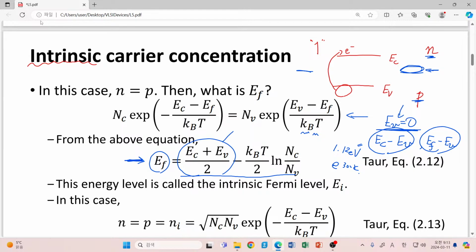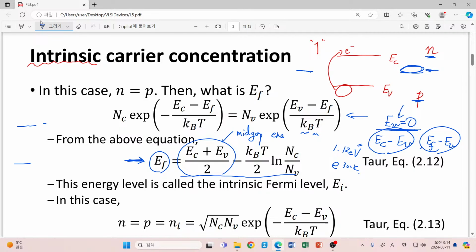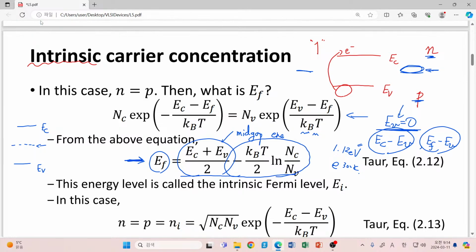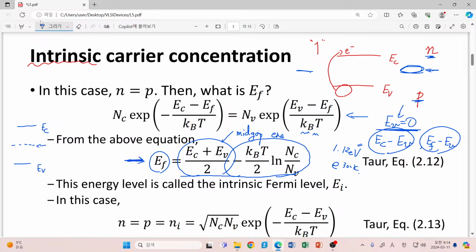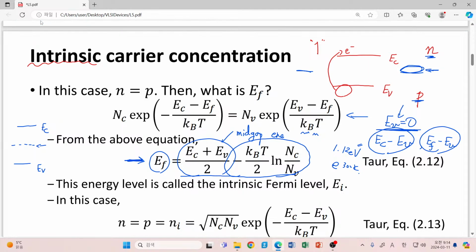Typically this quantity is called the mid-gap energy, because it points just in between these 2 energy levels, EC and EV. Then you have a term correcting for the difference between NC and NV, the effective conduction band density of states and effective valence band density of states. So if there is a slight difference between NC and NV, there will be a small amount of difference.